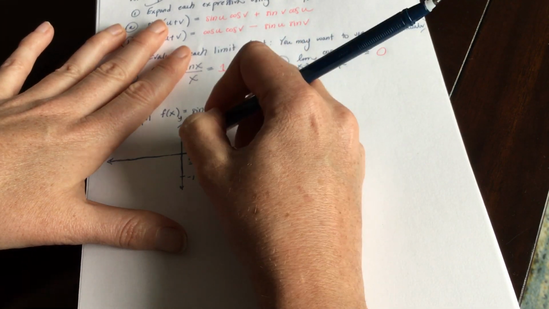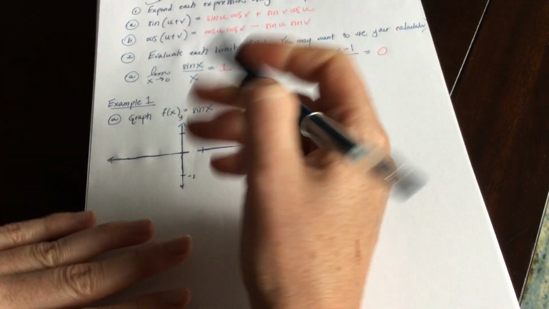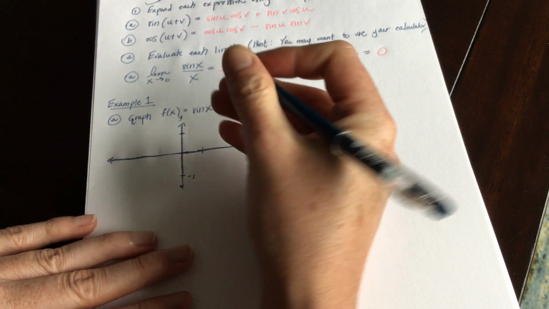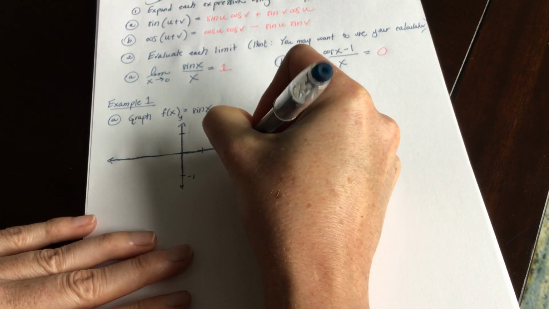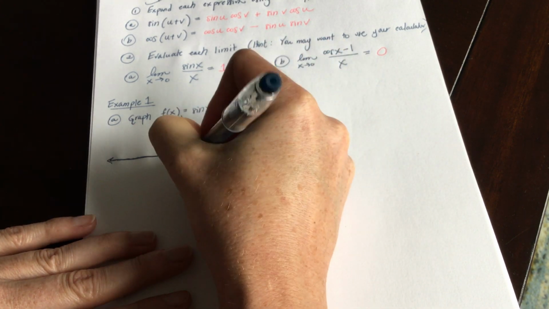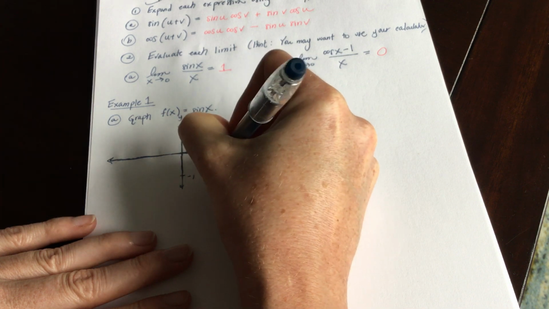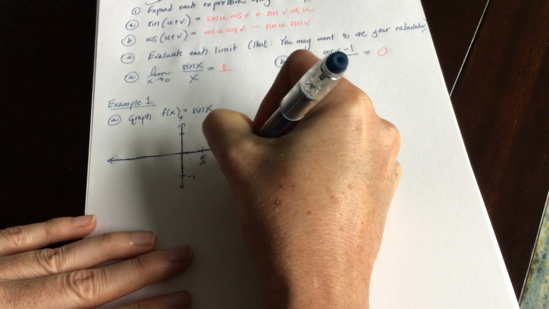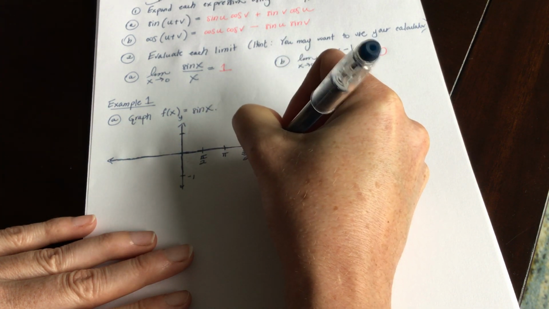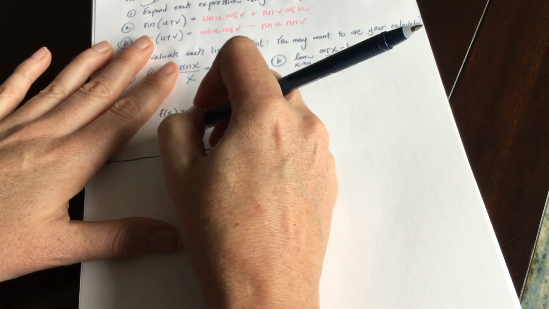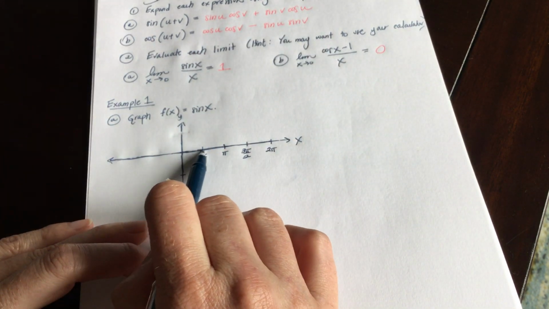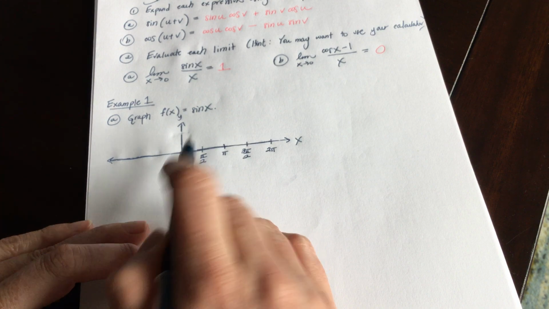So to fix that, I think I'll probably make these a little wider apart. So like this is pi over 2, pi, 3 pi over 2, and then 2 pi. And then since this would be about 1.5, maybe 1 would be about here.